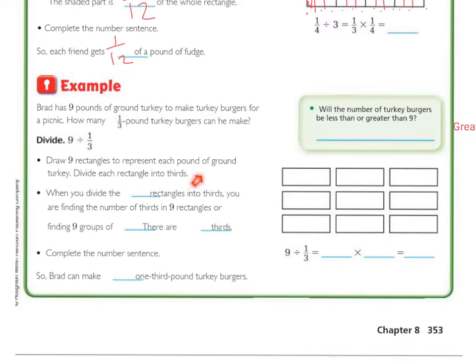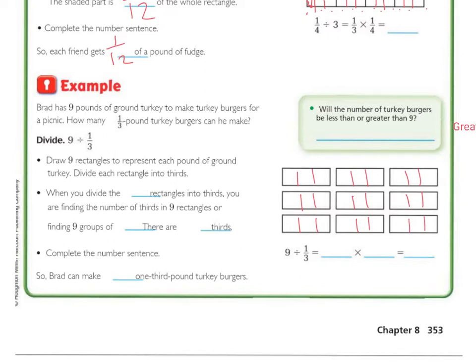And I'm going to divide each of those into thirds to show the 3. So I'm dividing each of these into thirds. They should be equal parts, but I'm not drawing them very well. Sorry about that.